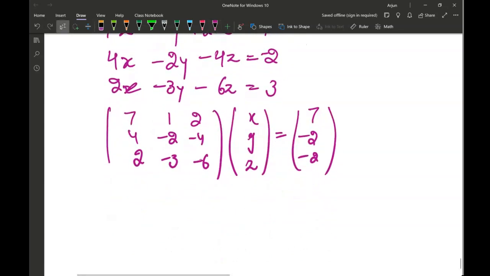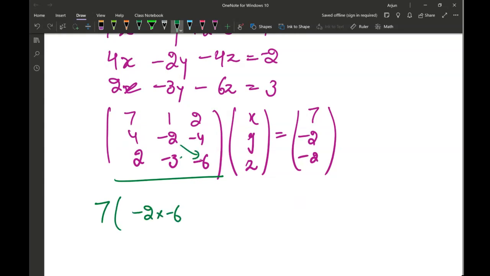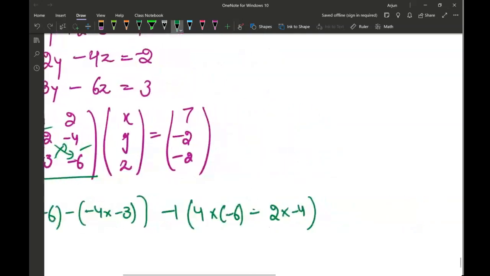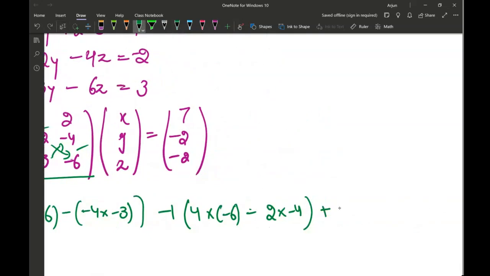Now I'm going to first find the determinant of this given matrix. 7 times minus 2 times minus 6, minus minus 4 times minus 3. Then the second term will be minus 1 times 4 times minus 6 minus 2 times minus 4.